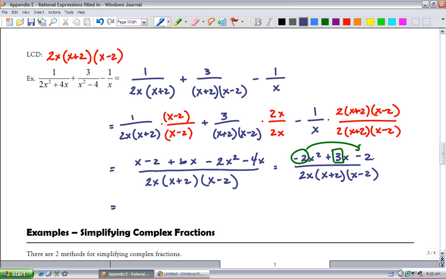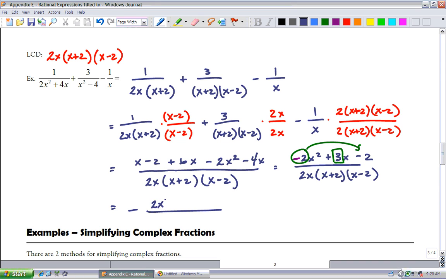Now, what most books will do is they don't like this negative out in front of your leading coefficient on the top there. So they're going to factor that out to the front. So we had negative, the quantity. Now we would have to factor that negative out of everything in the numerator.